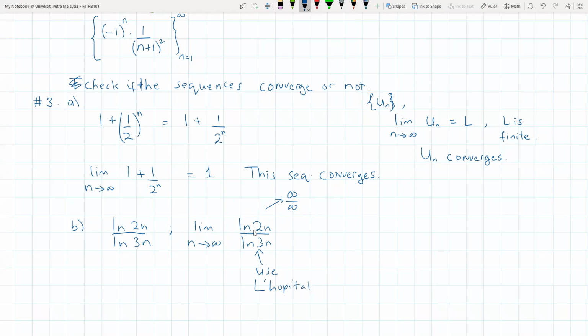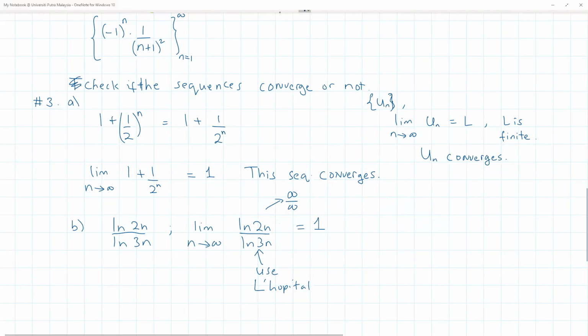So if you use that, you just take the derivatives, as L'Hopital's rule says, and after some manipulation, you can see that this actually equals 1.